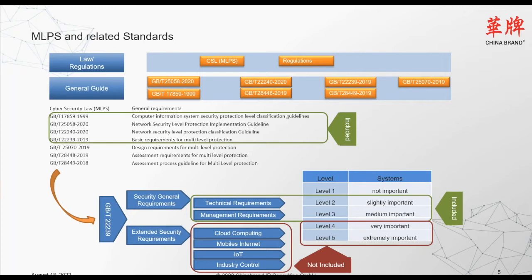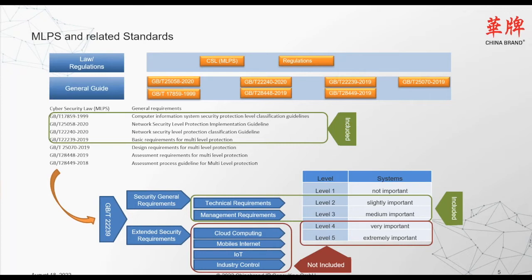Below in the graphic, in the table, you can also see what we will be talking about today. So we will be mainly comparing the technical requirements and the management requirements, which define the requirements for level 2 and level 3 in the MLPS. So for those of you who are not so familiar with the MLPS at the moment, the MLPS differentiates between 5 different levels of IT systems, starting from level 1 systems, which are not really important, to level 5 systems, which are extremely important.